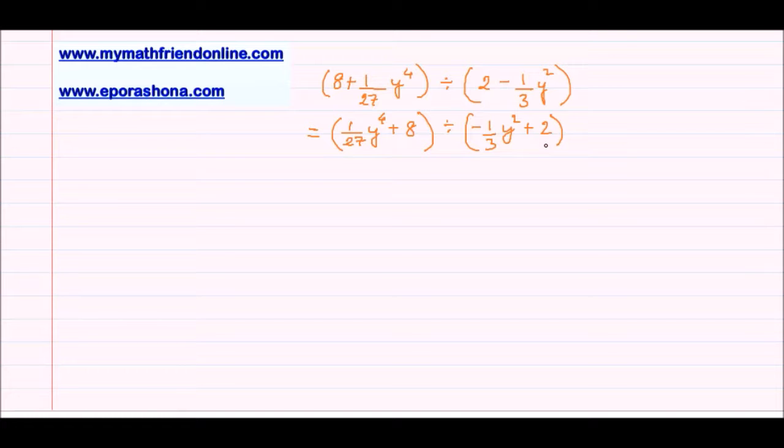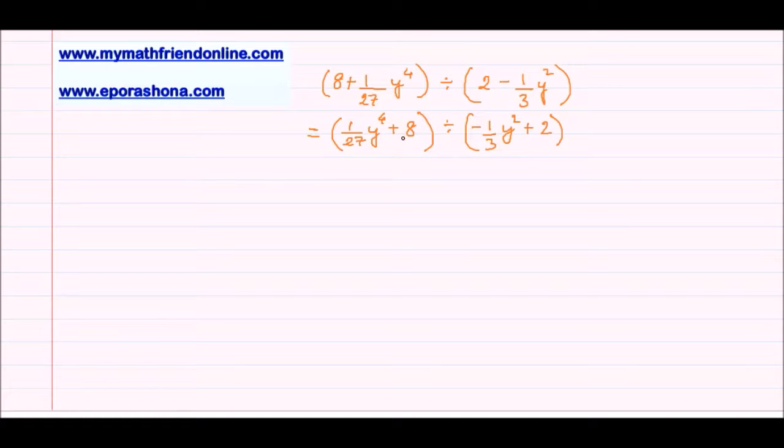Now coming to step number 2. What was step number 2? Right. We have to check the dividend to see whether the dividend contains terms involving every power of y, starting from the highest power. The highest power of y is 4.